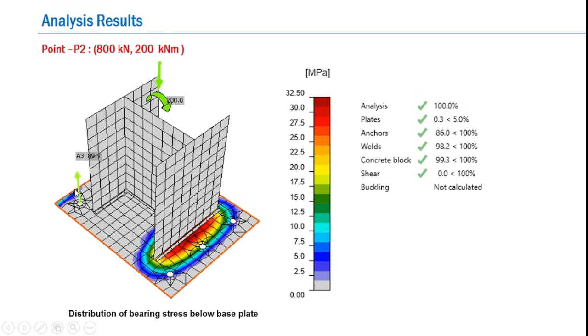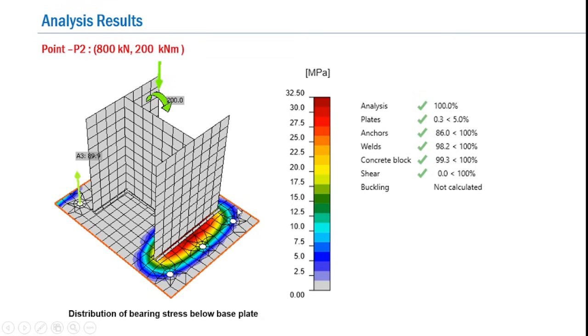And here again we find that the anchors are also subjected to tension, but they are not critical. Here the critical component is the concrete block, with a utility ratio of 99.3%, which is less than 100%.